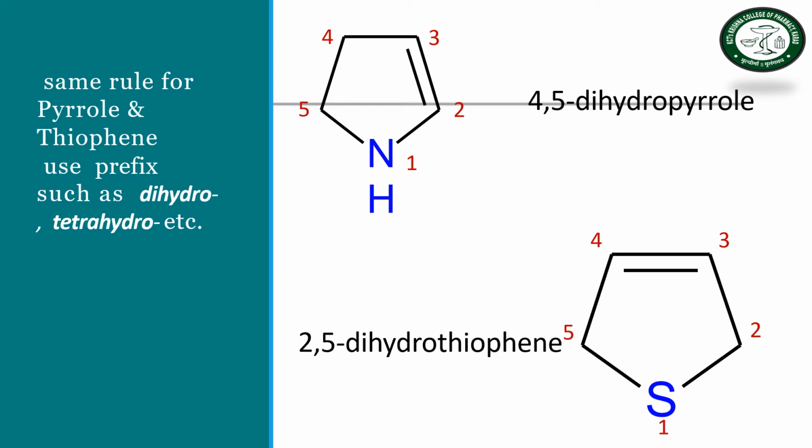That's why in the nomenclature system, we mention the presence of hydrogen atoms at 4 and 5, so 4,5-dihydro. That's why we call it 4,5-dihydropyrrole, with pyrr for NH and OLE for the 5-membered ring. So the name of the structure is 4,5-dihydropyrrole.